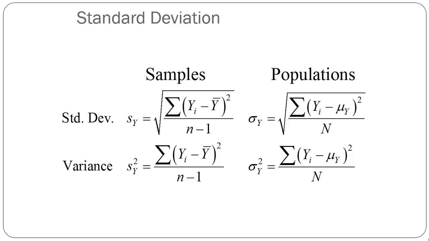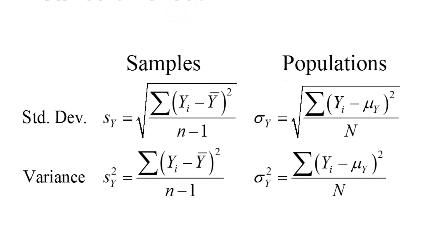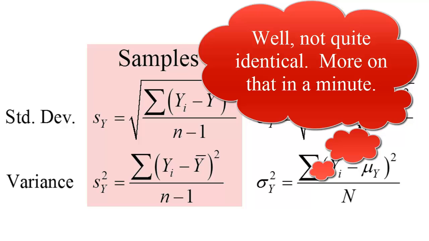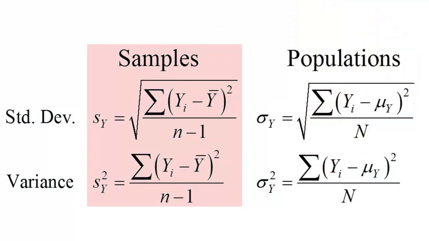So let's look at this slide for a second. Under the column labeled samples, you'll notice I'm providing the standard deviation and the variance, and you'll notice that they're identical. We have s squared sub y, which is the variance of some variable y, which is the sum of y minus y bar squared divided by n minus 1. The only difference between these two measures, and the one above it, the standard deviation, is the radical sign, or taking the square root.